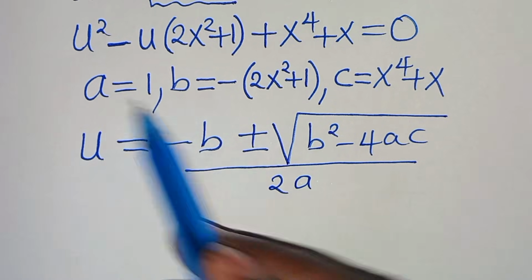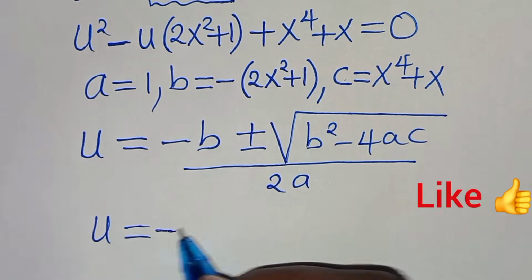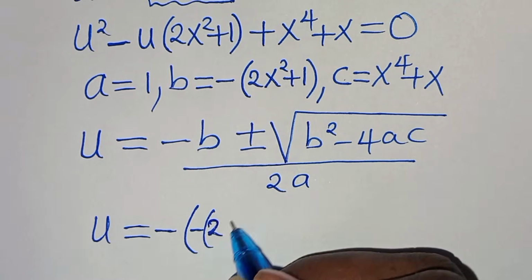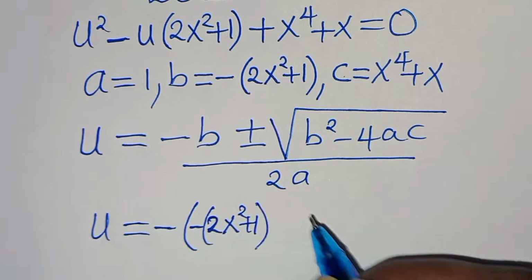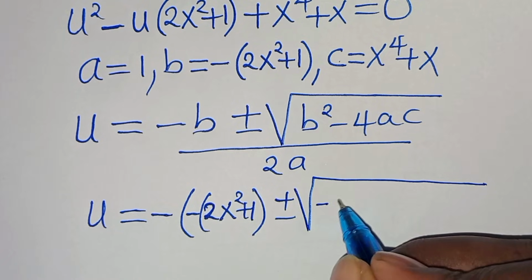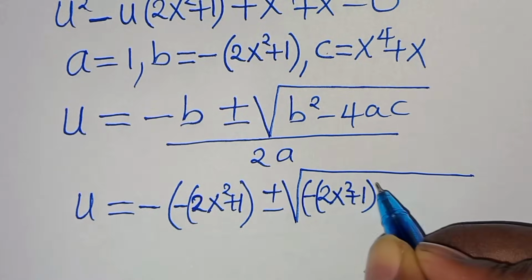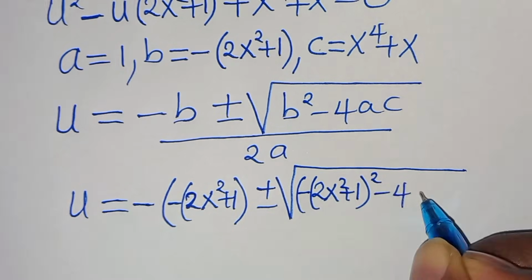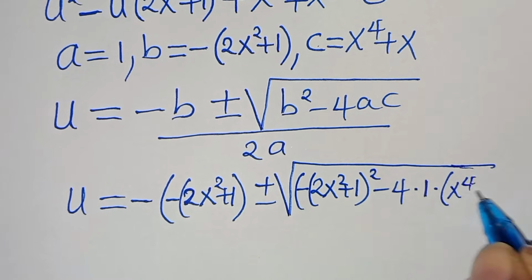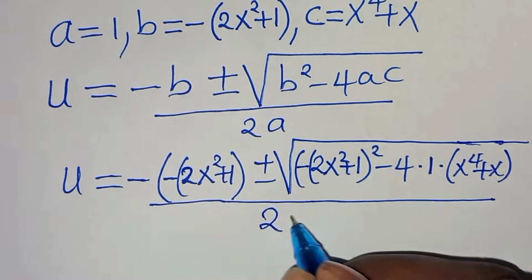Let's substitute the values of a, b, and c, so that u is equal to minus (minus (2x squared plus 1)), plus or minus the square root of (minus (2x squared plus 1)) squared, then subtract 4 times a, which is 1, times c, which is x to the power of 4 plus x. Everything divided by 2 times 1.